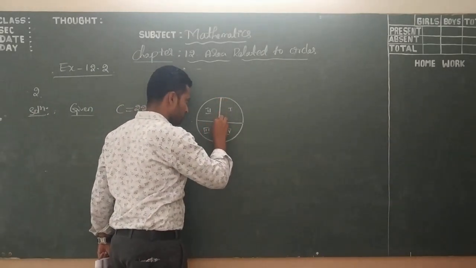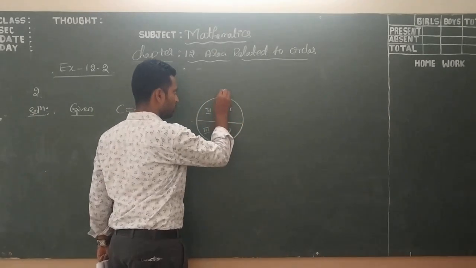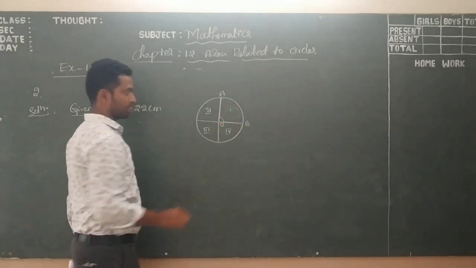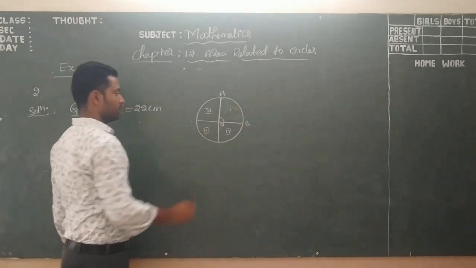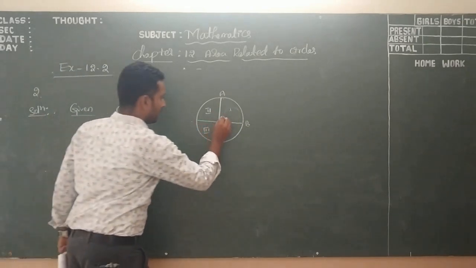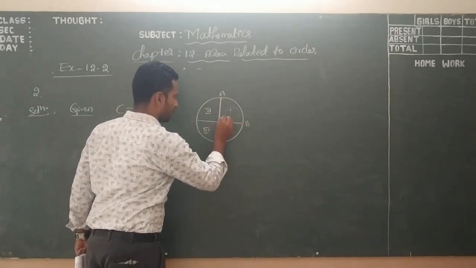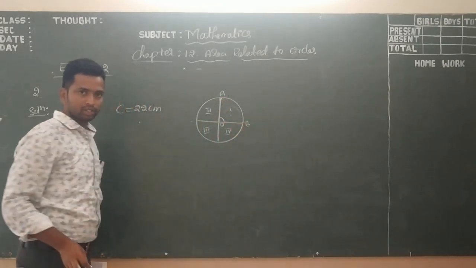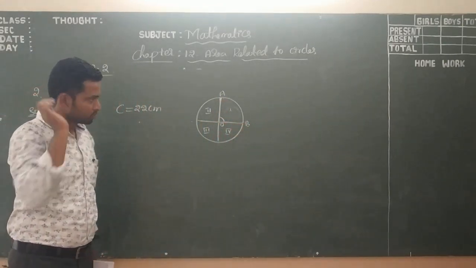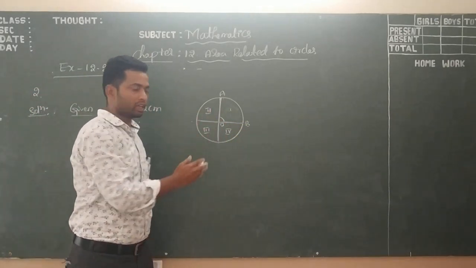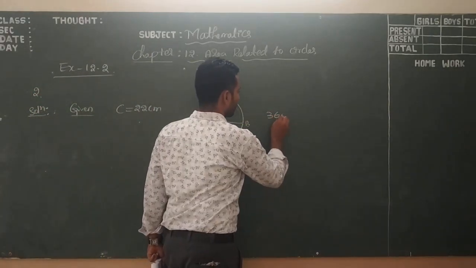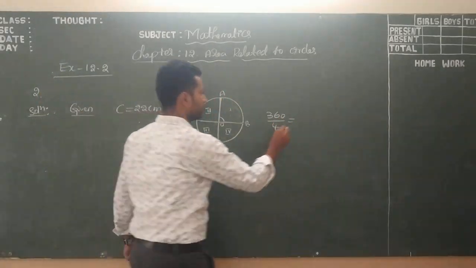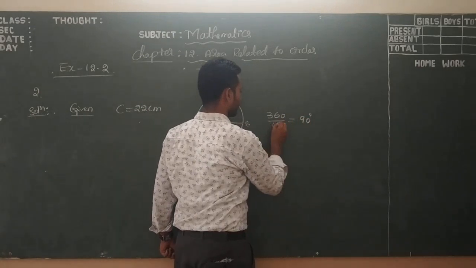By use of these two radii, we can calculate the area of the sector of this quadrant. So the angle between these two radii is how much? If the 360 degree is divided into 4 quadrants, then each quadrant gets 90 degree. Okay.